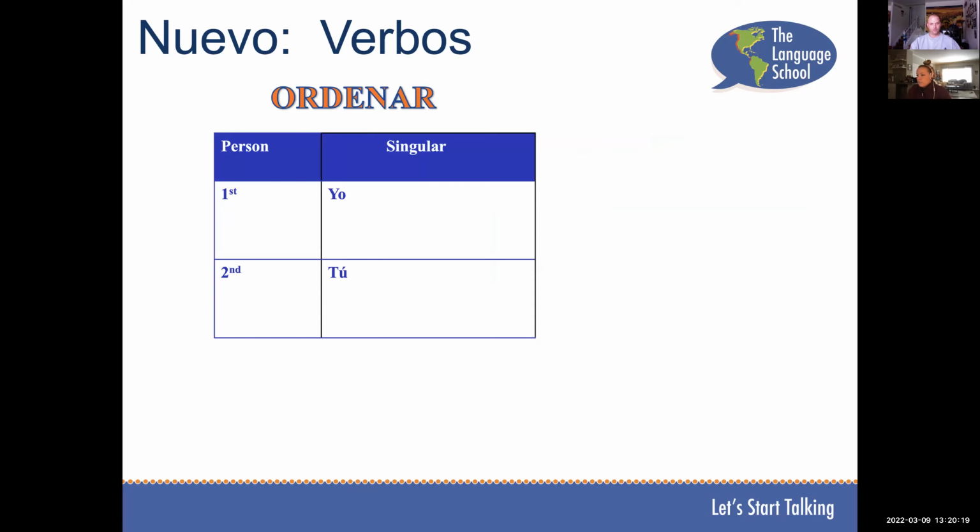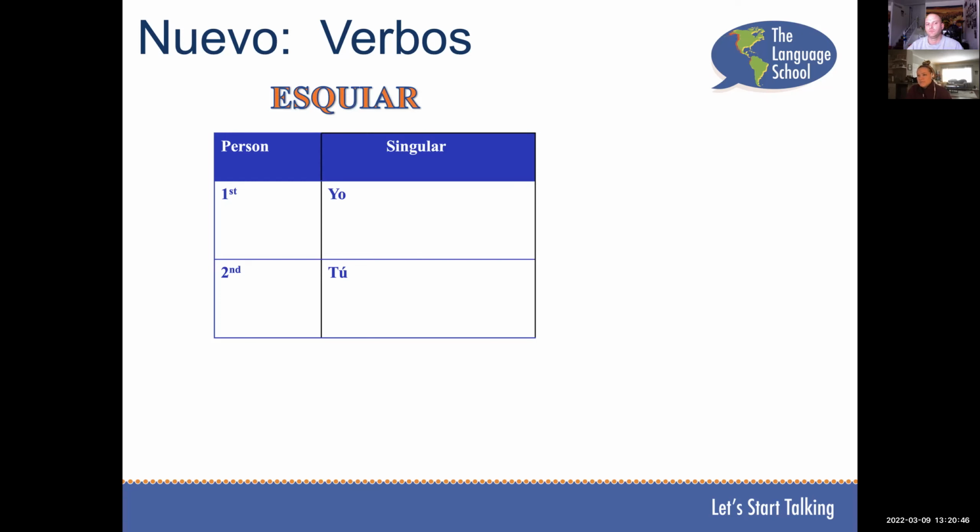Yo ordeno, tú ordenas. Yo tomo, tú tomas. Yo reservo, tú reservas. Yo bailo, tú bailas. Yo cocino, tú cocinas.